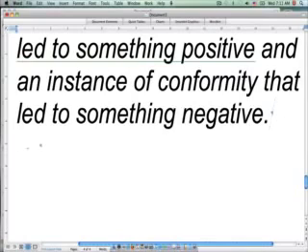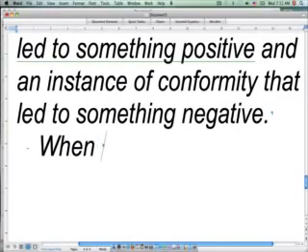Okay, so let's go to our first supporting paragraph. And so of course we're talking about the instance of conformity that created something beneficial.